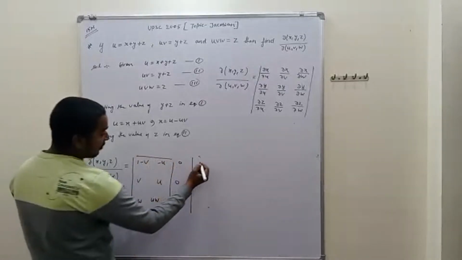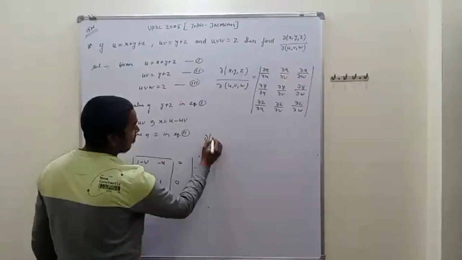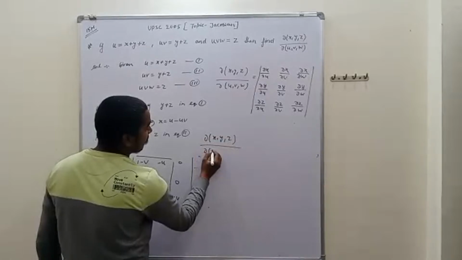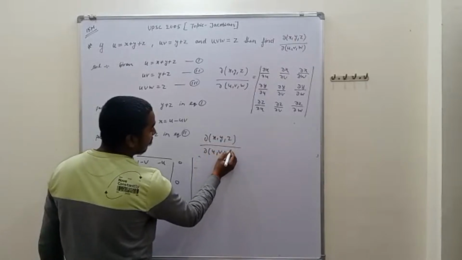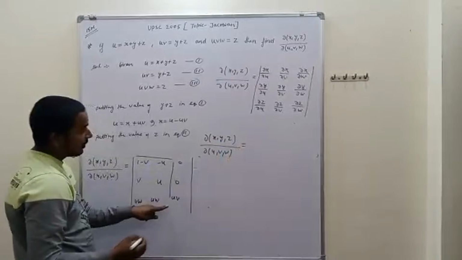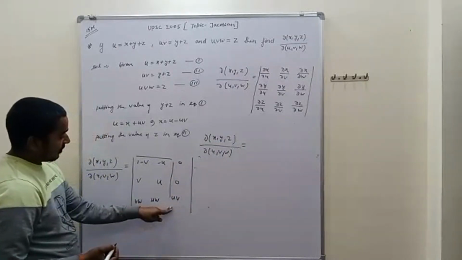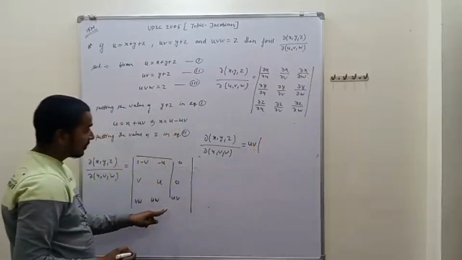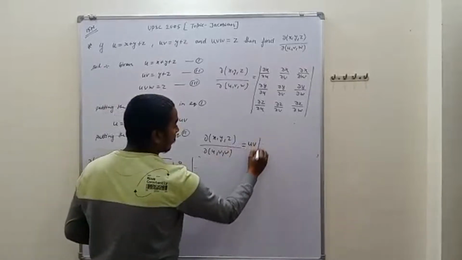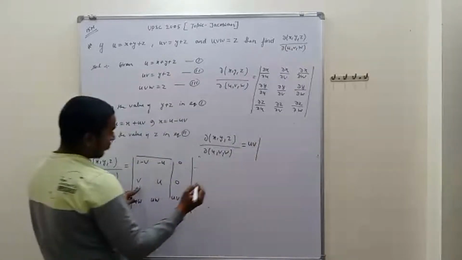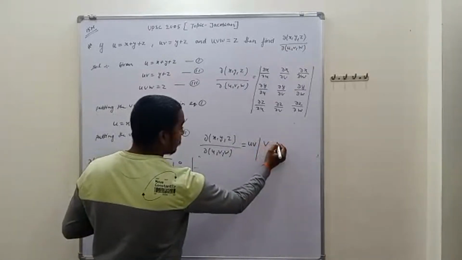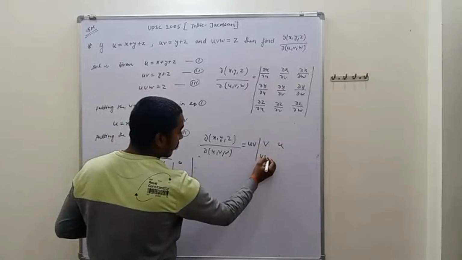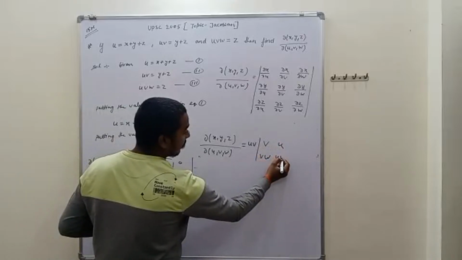Then the remaining portion is del of x comma y comma z upon del of u comma v comma w is equal to UV times the determinant, where the remaining is V, U and UVW and UW.